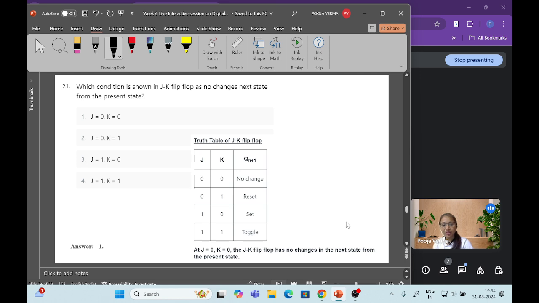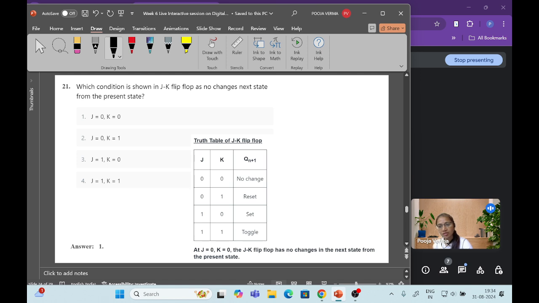Okay, so moving to the next question. Which condition shows the JK flip-flop as no change from the present state to the next state?